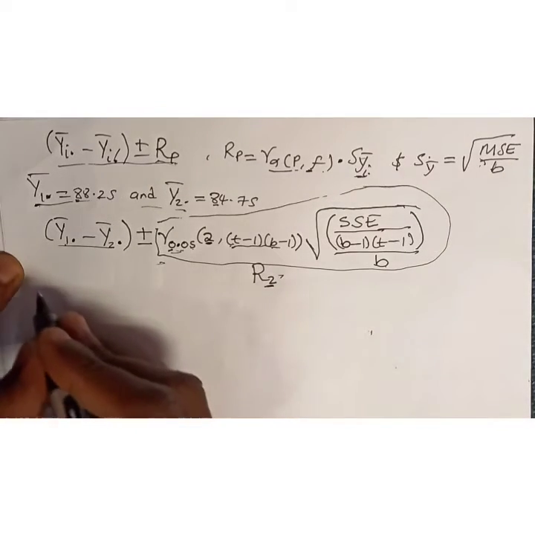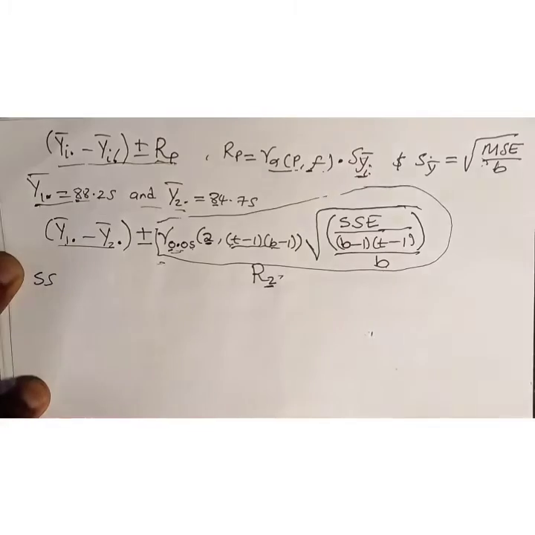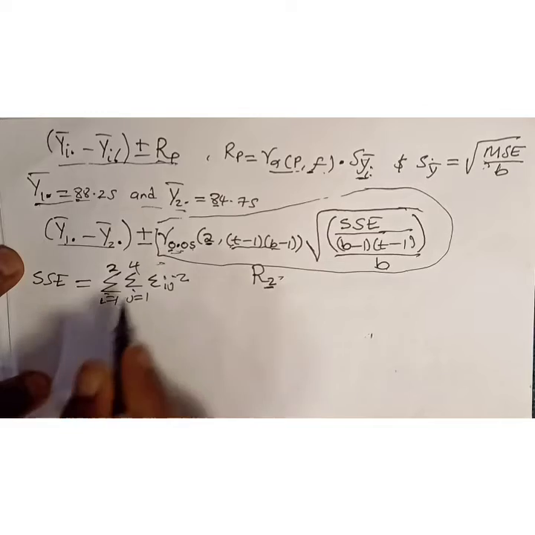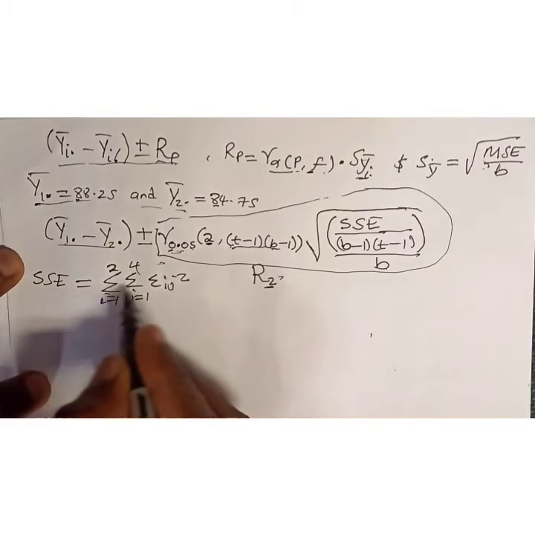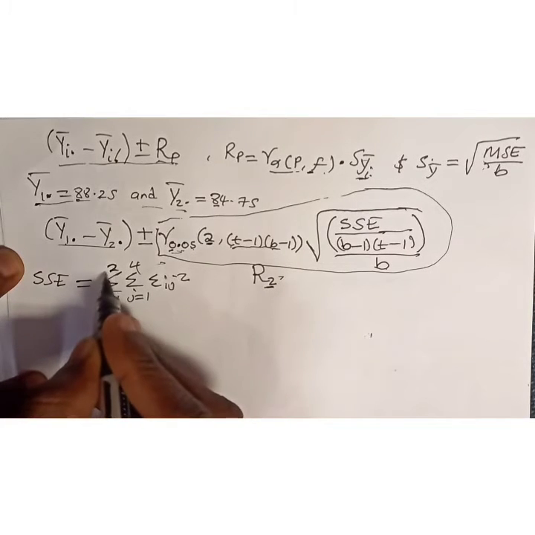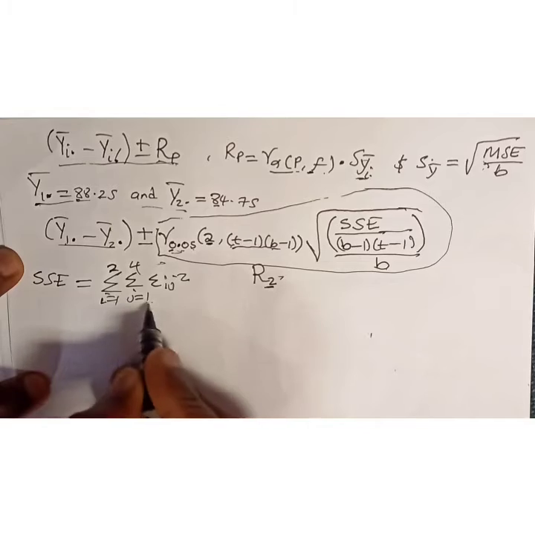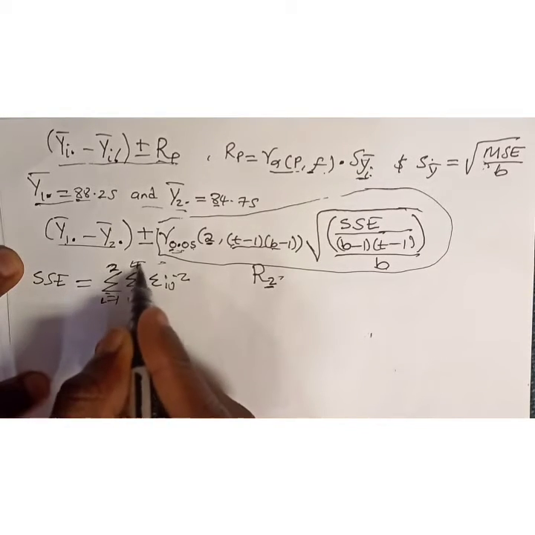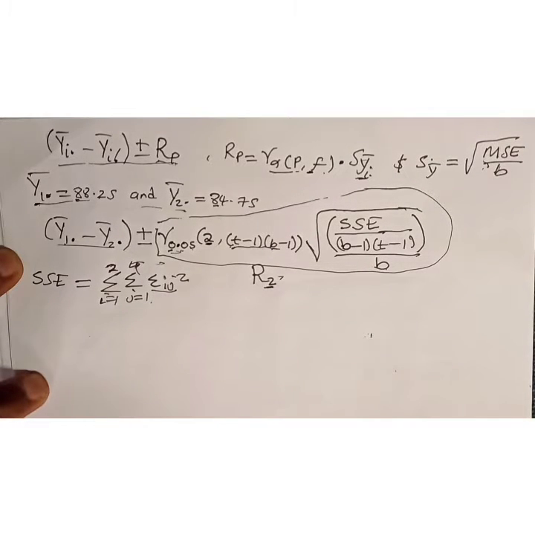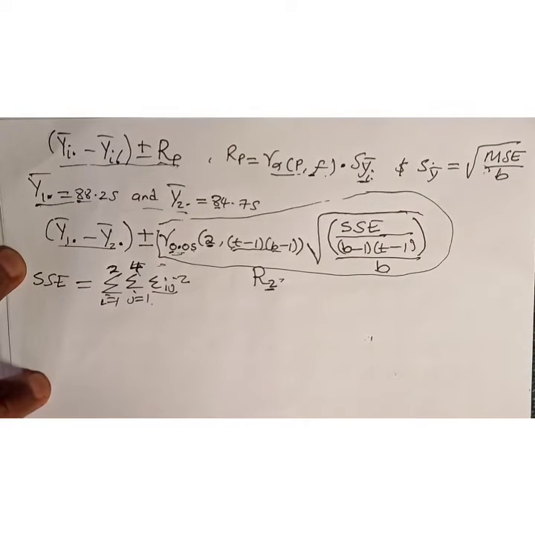Our SSE is given by the sum of squares of the error. This is a double summation, as you can see: the sum from i equals 1 to 2 and j equals 1 to 4, which are the number of treatments and the number of blocks, of the error squared. Remember, in the last question, we calculated the errors, so we can use those errors to estimate SSE.